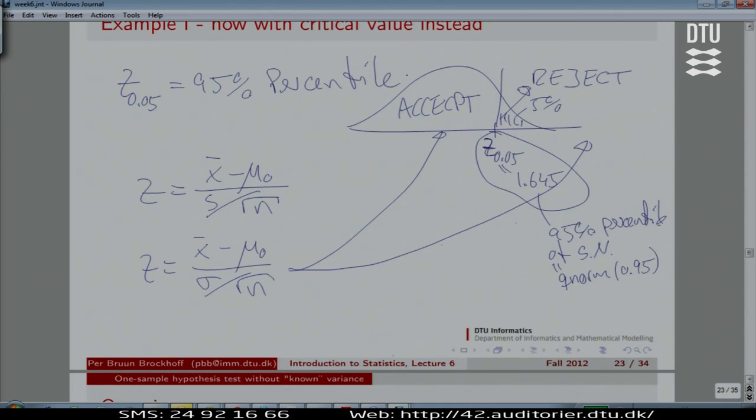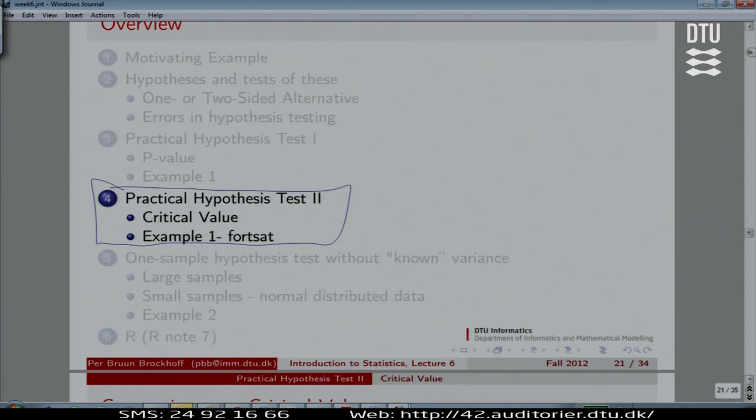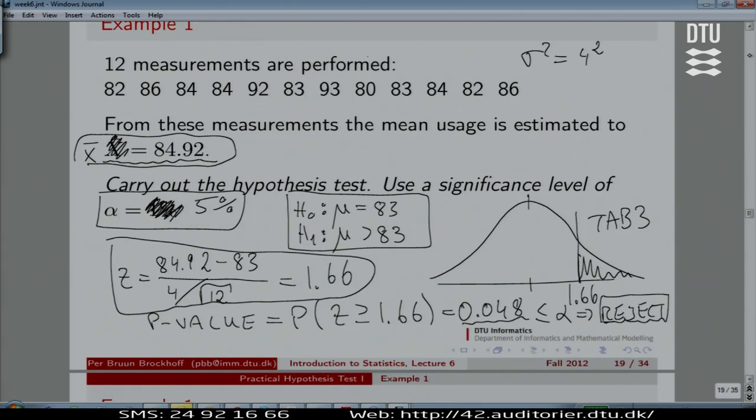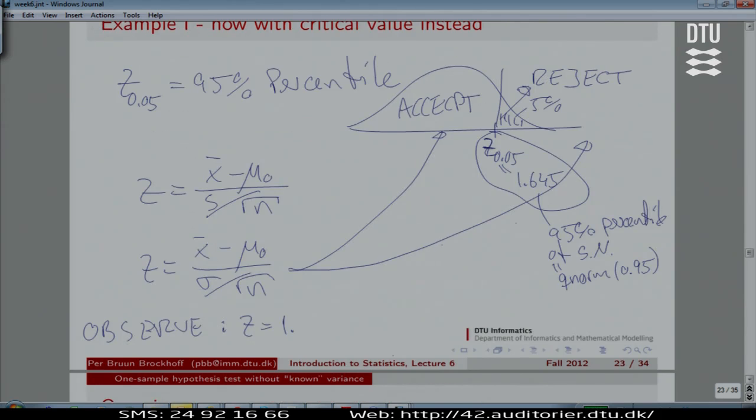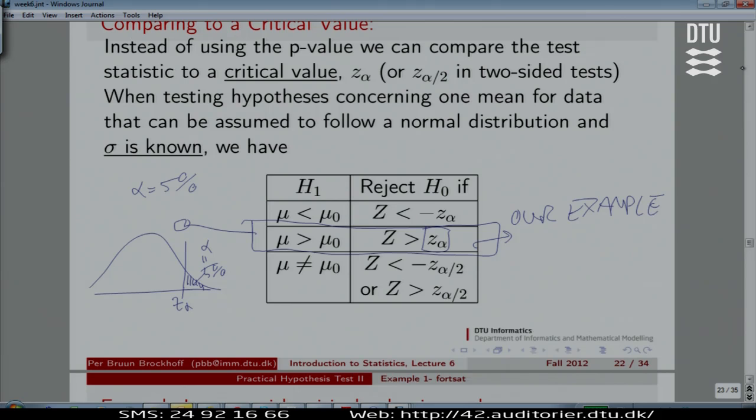Yes. So in our case, if I should finish the hypothesis test once again, I already finished it once, then I should see that I observe, I emphasize observe, a set of 1.66. What was the set originally in my example? The one I observed, 1.66. So, the decision to be made is the one that is given to us in this table.